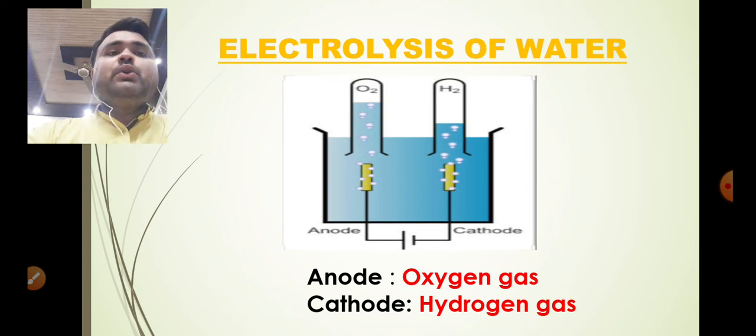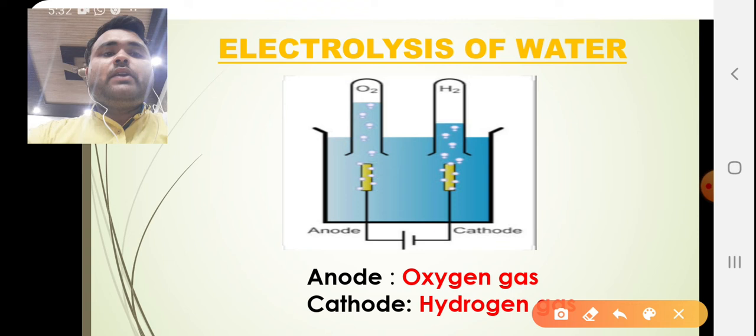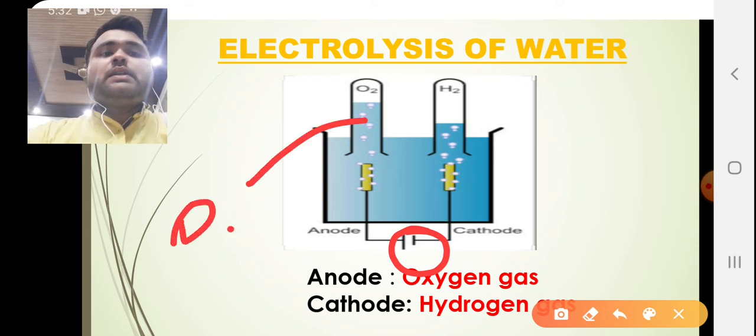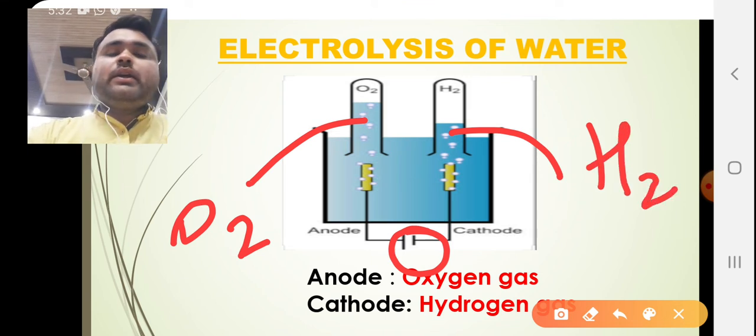Here we have two electrodes, that is anode and cathode, and we have a battery here, and when the current is passed through the solution, the decomposition takes place and we have oxygen gas at the anode and hydrogen gas at the cathode.